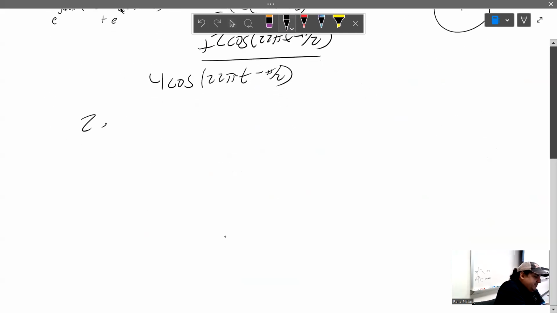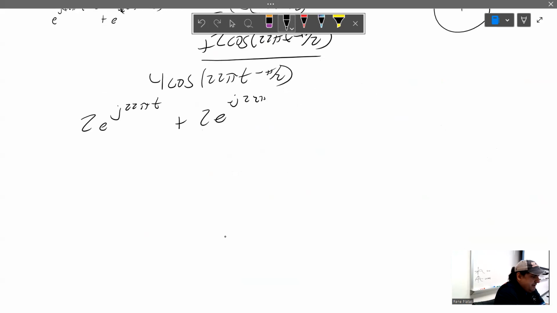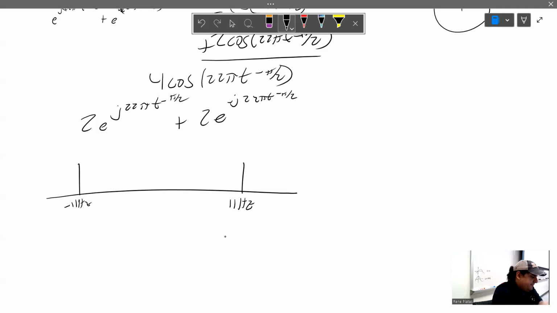Which is 2e to the j 22 pi t plus 2e to the negative j 22 pi t. I forgot the base. This negative distributes, don't forget. So the amplitudes are at negative 11 hertz and at positive 11 hertz.